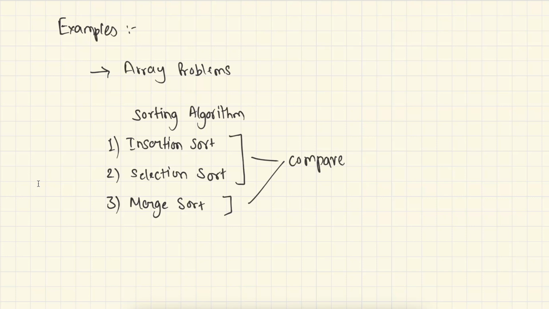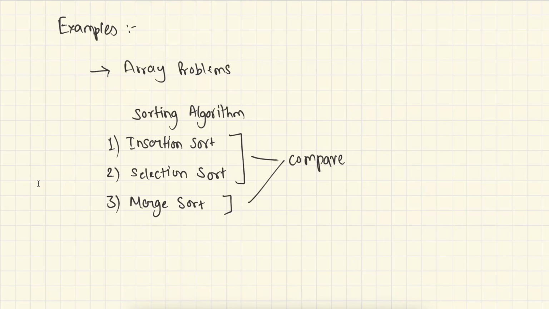But we want the efficient function. So in our case, what will be the efficient function which takes the minimum auxiliary space? That's why we generally do not talk about space complexity. We are generally interested to know how much extra space this function is taking.